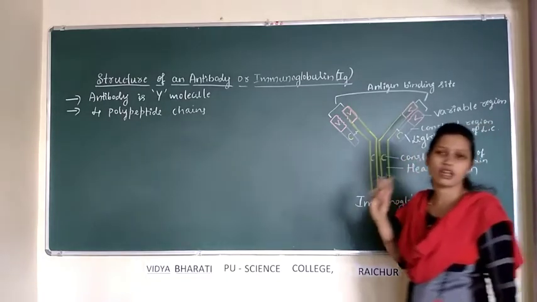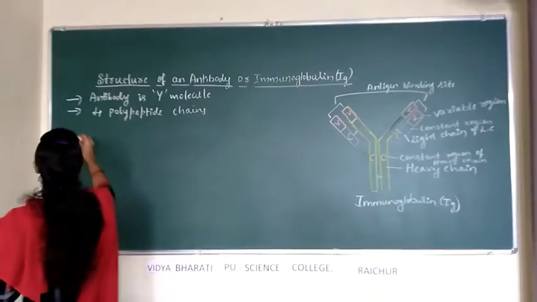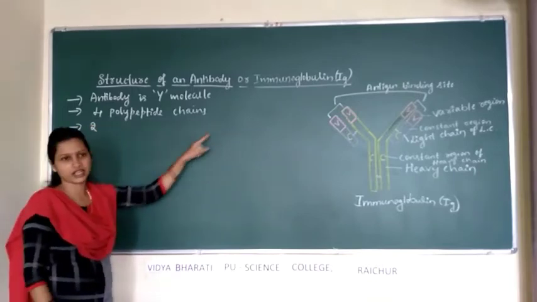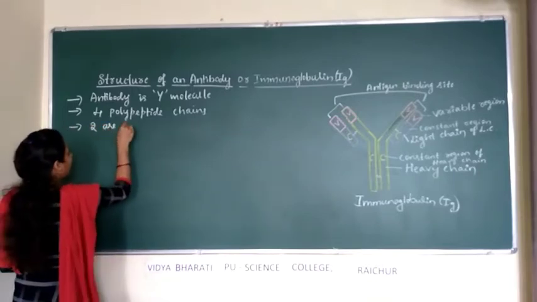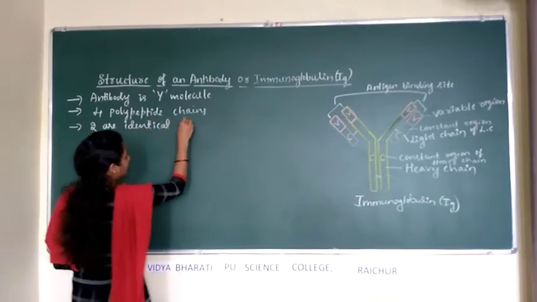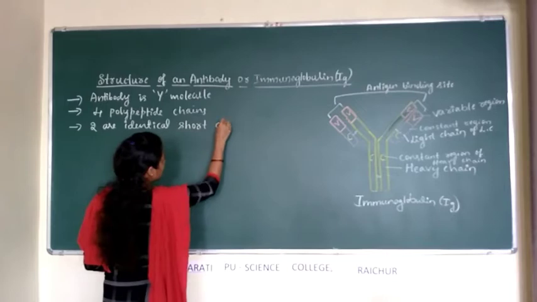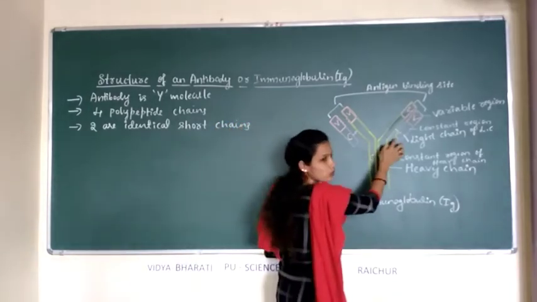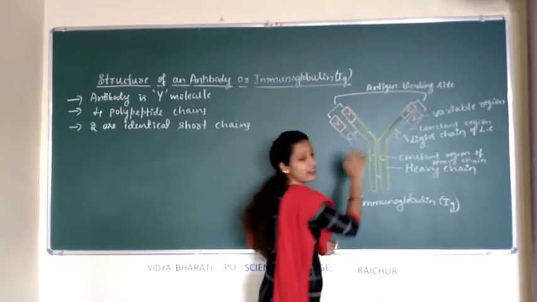Out of 4 polypeptide chains, 2 are identical short chains. See, this one and this one. These 2 are identical.